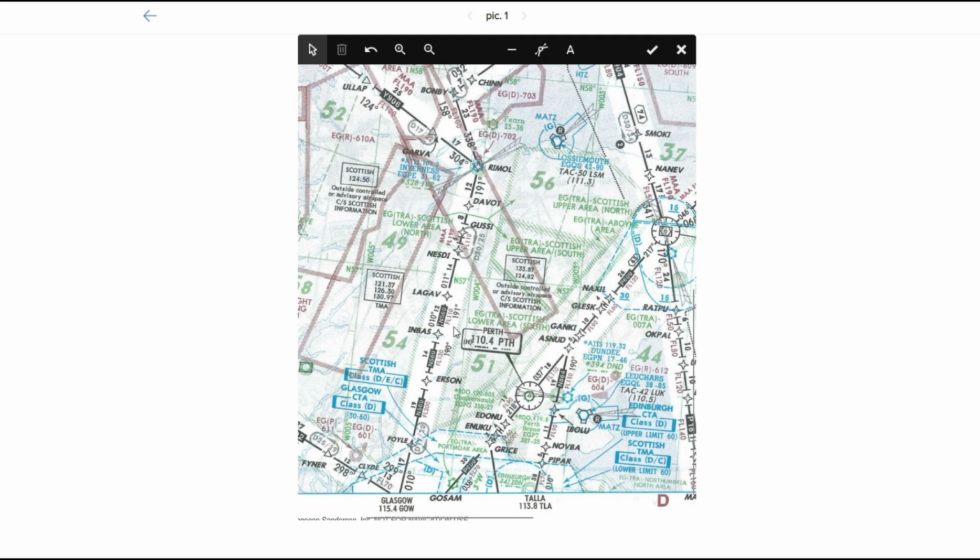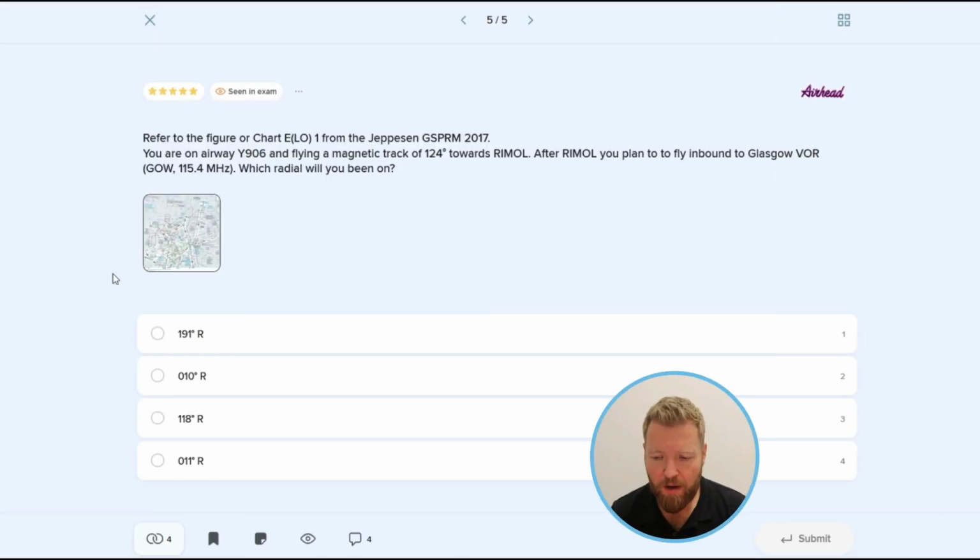To find the radial, we just need to subtract 180 from the track. So 190 minus 180 gives us radial 010. And this is the radial we'll be tracking inbound with a magnetic course of 190 degrees. Therefore, answer number 2 is the correct one.